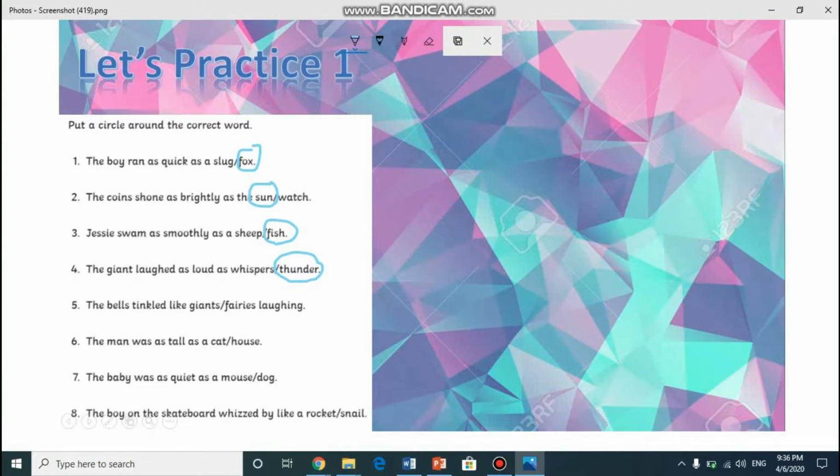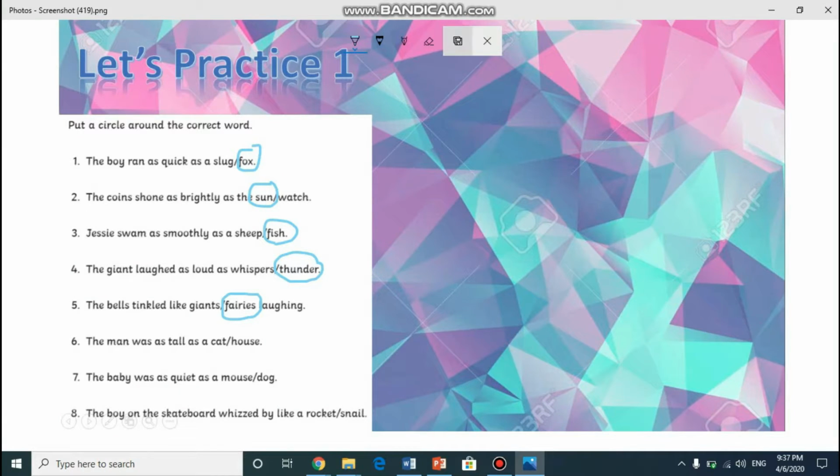You know that the bell is actually a very sweet noise that you hear, a very nice sound. Tididin, tididin, tididin. Or if I want to compare it to something, I would go for something that is sweet, not very big, not enormous, not giant, not big, not loud, and thus the correct simile is the bells tinkled like fairies laughing.